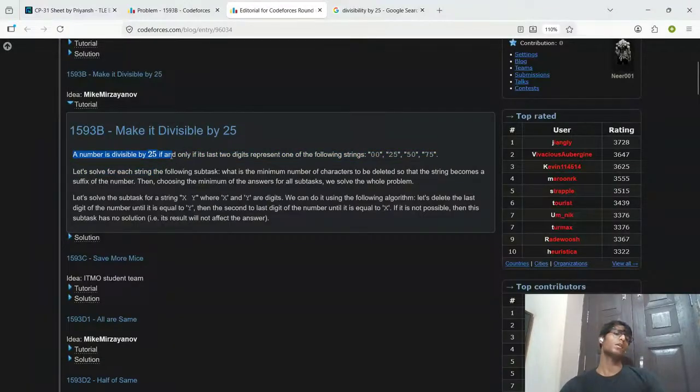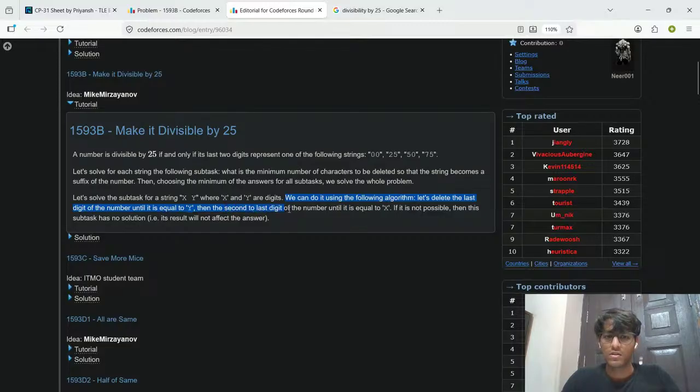A number is divisible by 25 if and only if its last two digits represent one of the following strings. Let's solve for a string: what is the minimum number of deletions that leads to that suffix of the number, choosing the minimum of the answer for all tasks. For a string xy where x, y are digits, we can do it as follows. Delete the last digit of the number until it is equal to y.